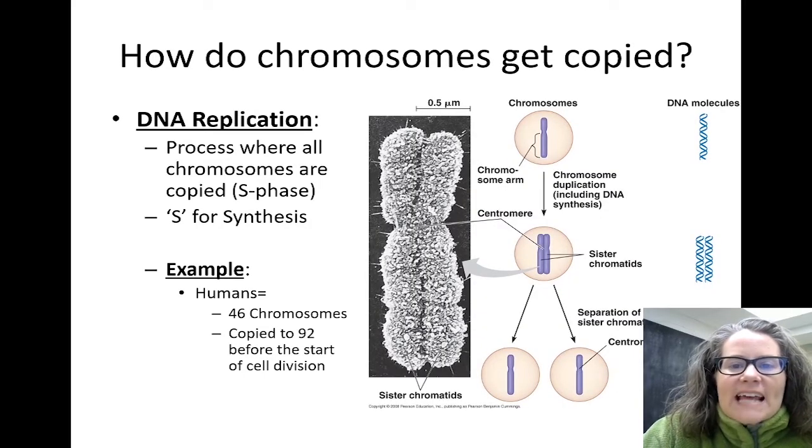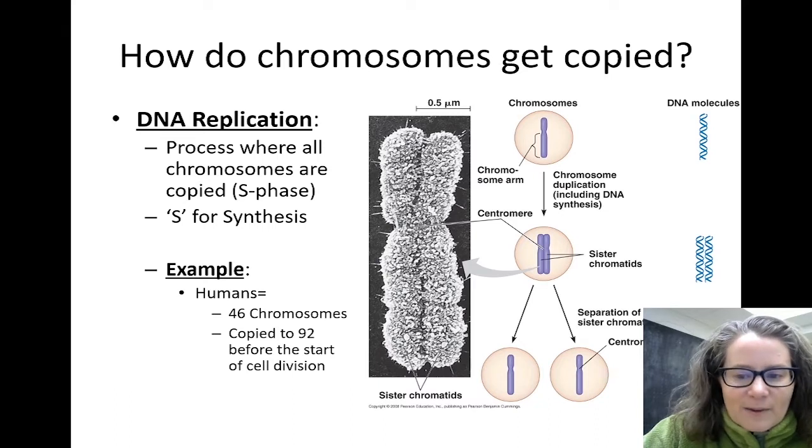So I want to dive into S phase and talk about what happens with DNA replication. DNA replication is the process where you're going to copy all of your chromosomes. This is important because you don't want to make new cells and then have nothing to put in them, right? That doesn't make sense. And so S is for synthesis.